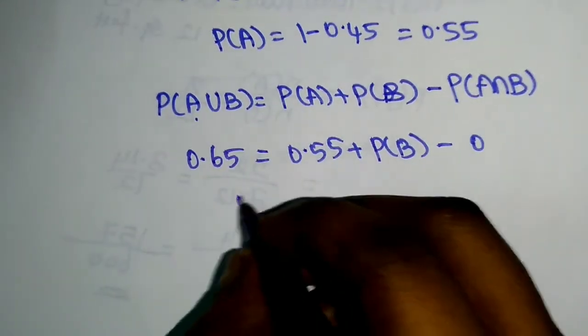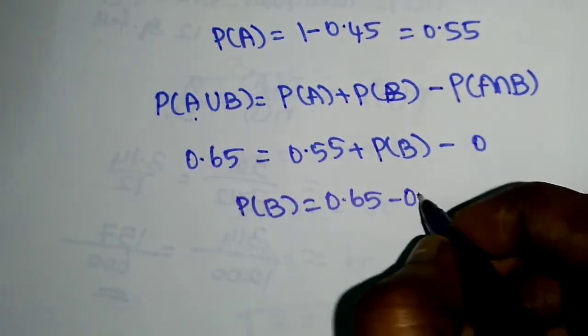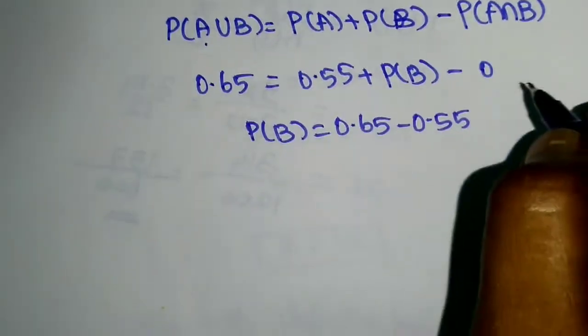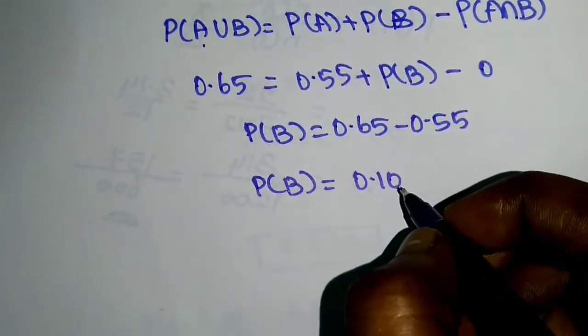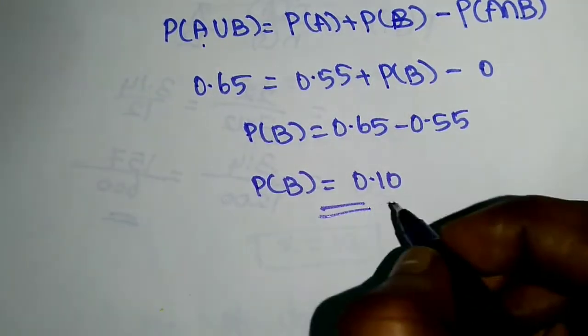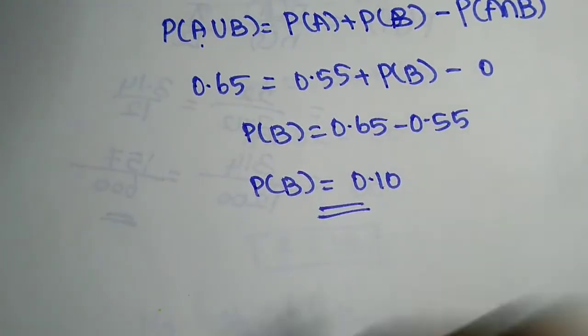Okay. So P of B is equal to 0.65 minus 0.55. We get P of B is equal to 0.10. Okay. This is the probability of B, equal to 0.10.